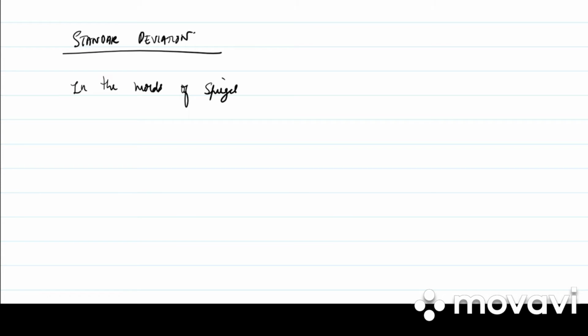So first write down standard deviation. So under that write down, in the words of Spiegel, open the inverted commas, the standard deviation is the square root of the arithmetic mean of the squares of all deviations.